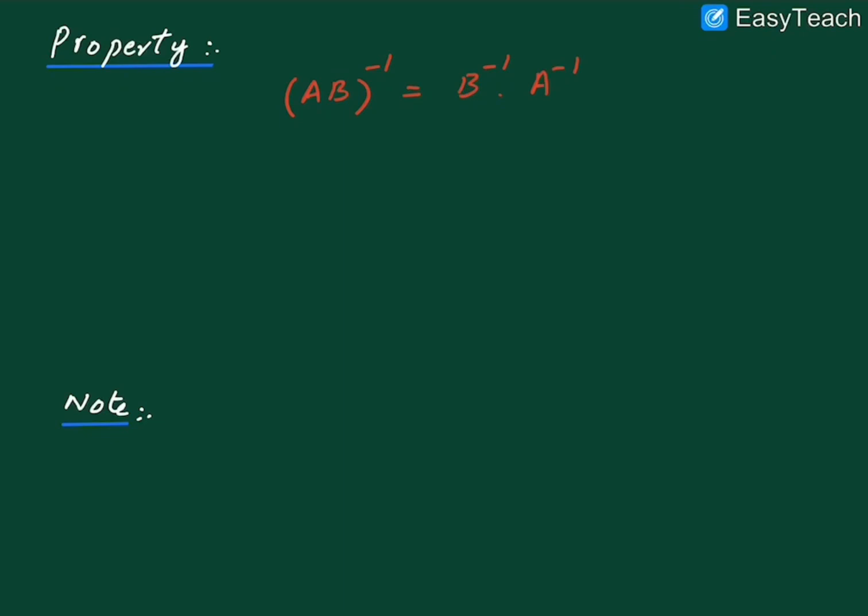So here A and B are non-singular square matrices. Remember that the inverse of an identity matrix is always identity.